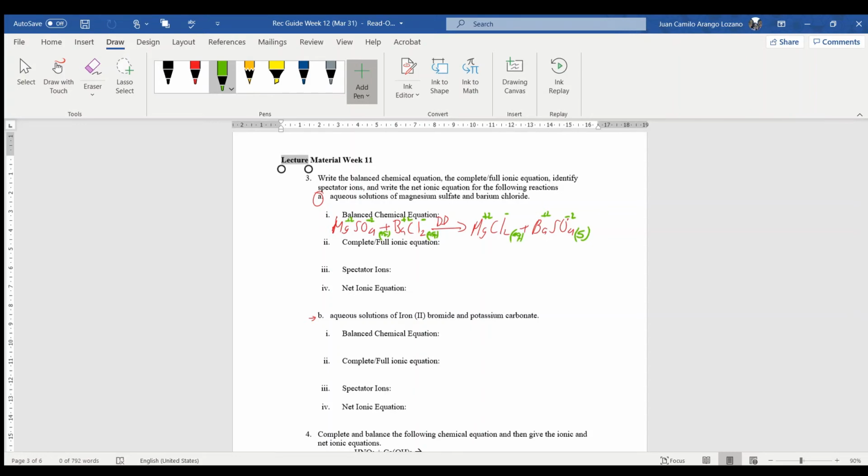Now they are asking me to complete the full ionic equation, and that just means that I have to break up all my compounds into ions, so I will just express them separately.